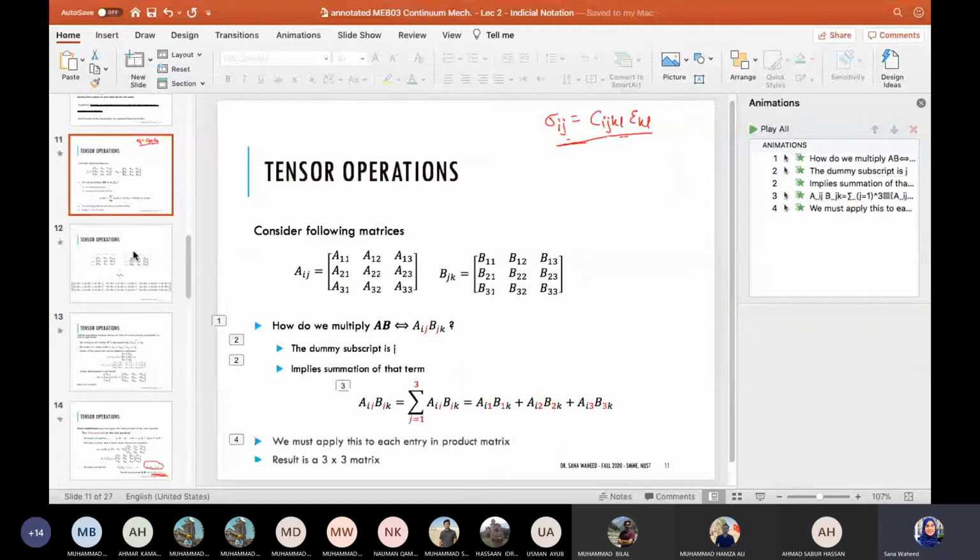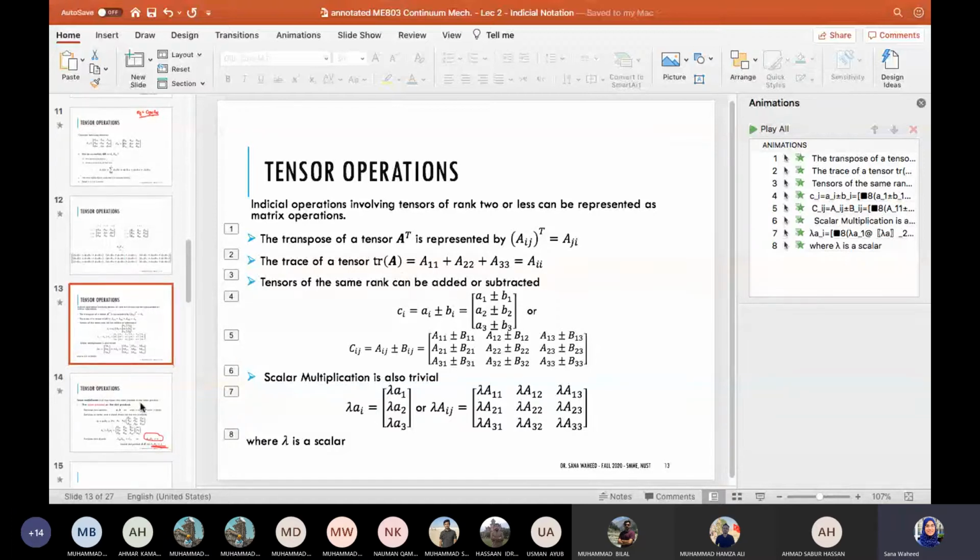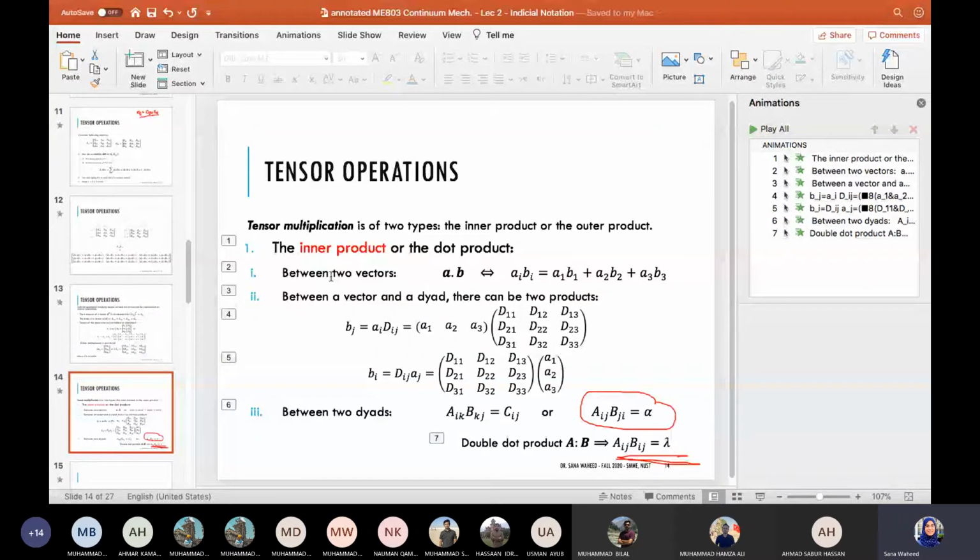We looked at some tensor operations, which means we looked at tensor addition and subtraction. Subtraction is addition. So we saw tensor addition, then we looked at tensor multiplication. There we saw that there are two types of products, the inner or the outer product. In the inner product you're going to get at least one dummy index.